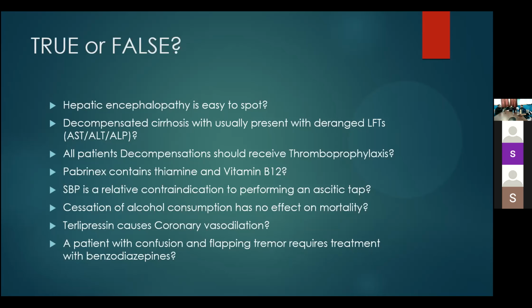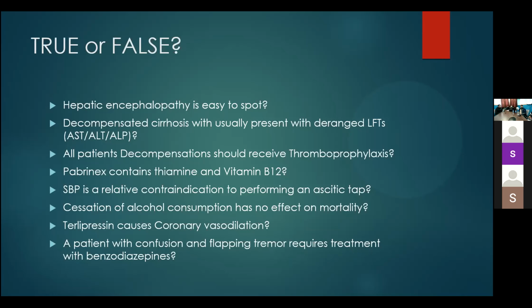It's very common for patients to present with deranged bilirubin, clotting, and jaundice, but because they haven't got that liver function, their AST and ALT may be slightly raised, but certainly not shooting up high like in acute liver failure. So it usually will present with some derangement in the LFTs, but it's probably going to be a bit mild.